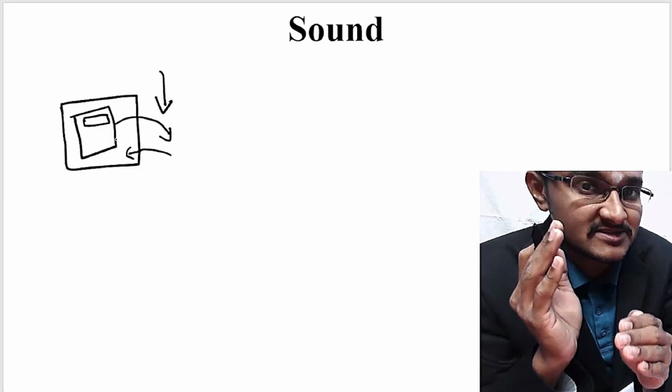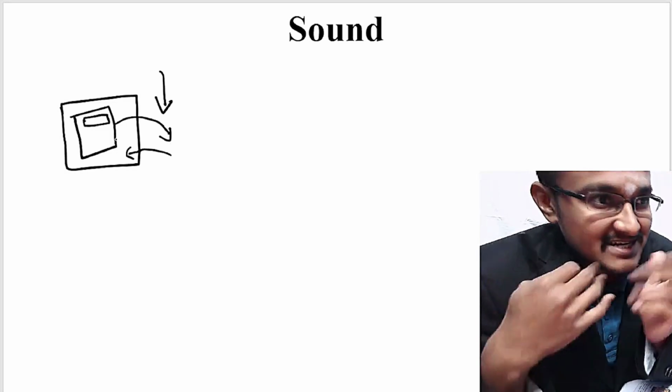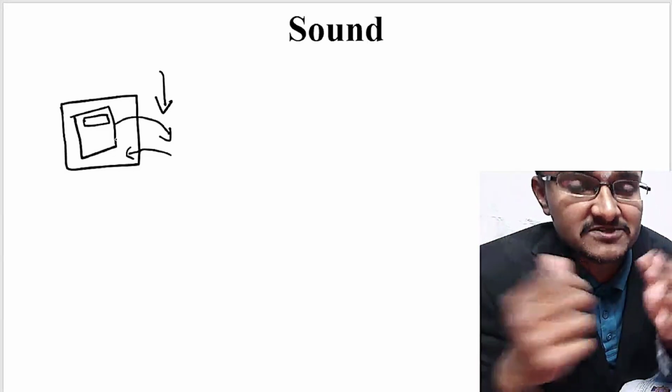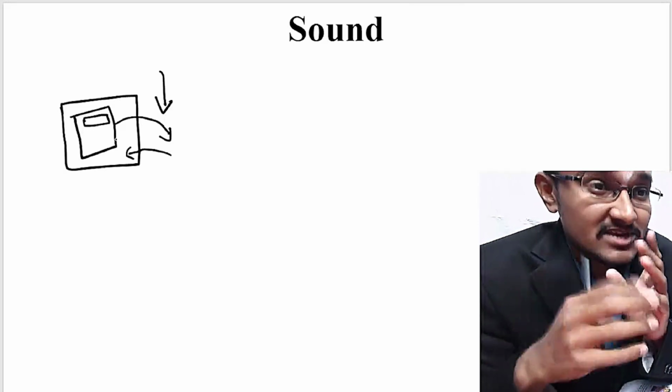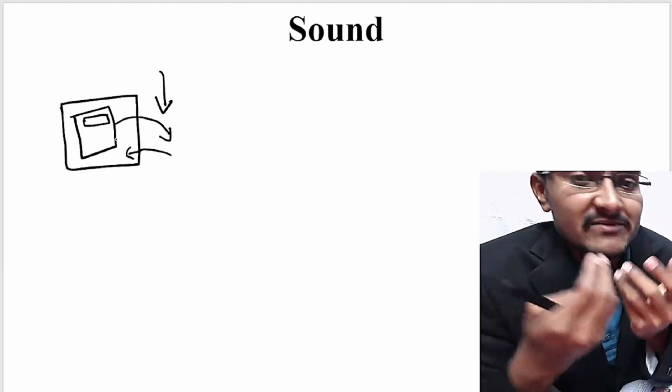So let us imagine we are trapped in a vacuum room, and still we can survive in that particular vacuum room. We can just imagine this kind of situation. And if I speak something in that vacuum room, then you cannot hear what I am speaking. Why? Because there is no air medium at all.